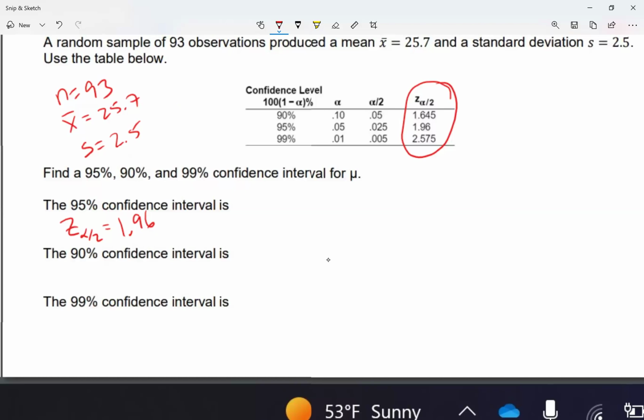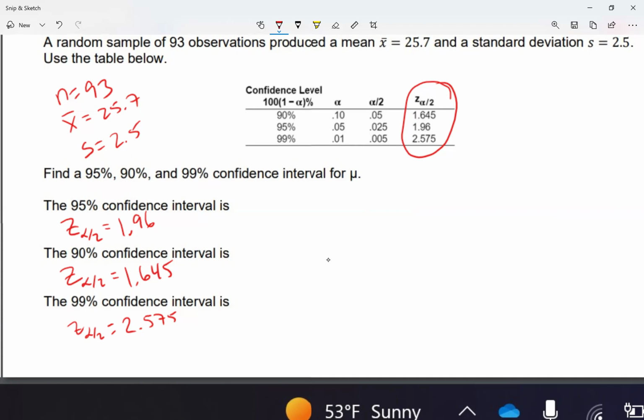For 90%, my Z-score is going to be 1.645, and for 99%, I'm going to use 2.575. I have my n value, my average, and my standard deviation. I have an S instead of a sigma, and that's fine, it's not a big deal.